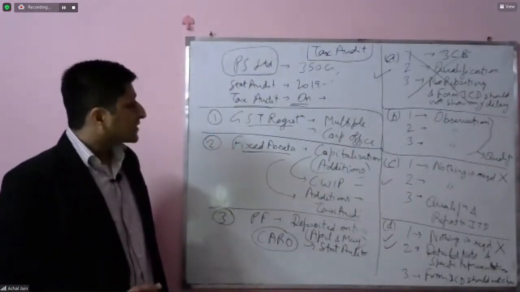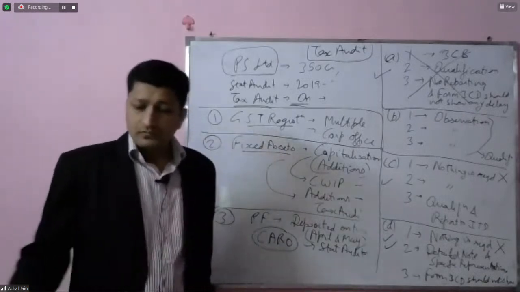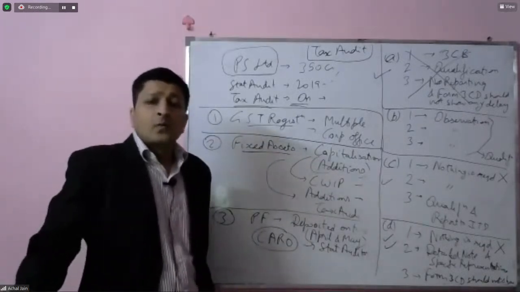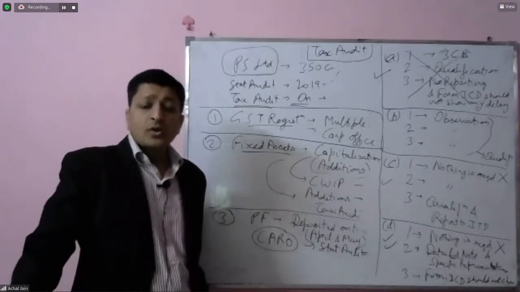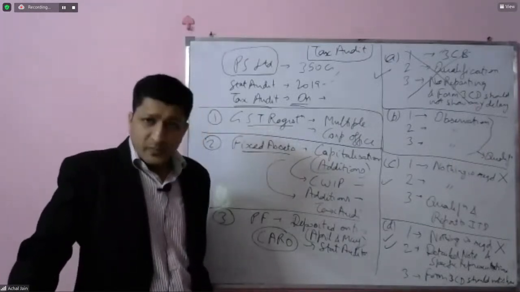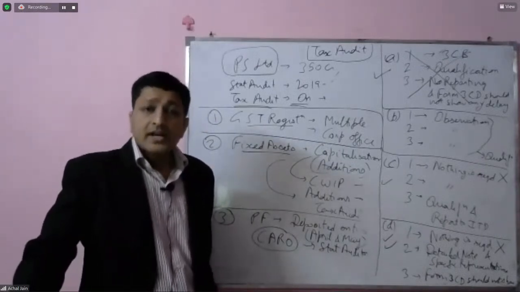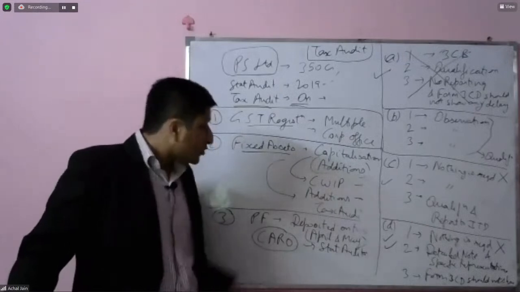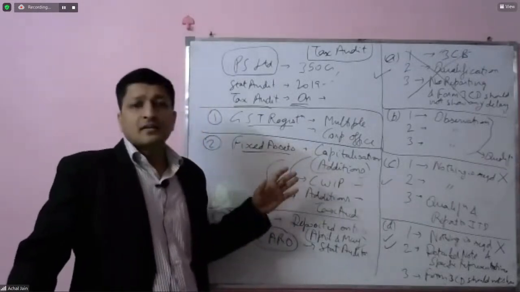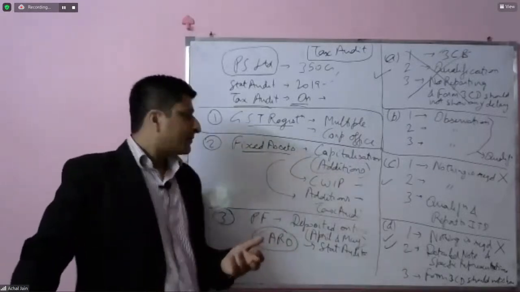Option number C further says that for fixed assets, once again, if the management doesn't want to give the details of the assets, it's acceptable. Is this possible? Not at all. Why? Because on the basis of this detailed working or the details, depreciation will be computed.